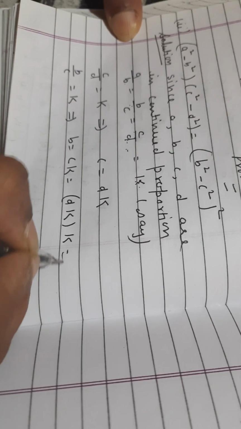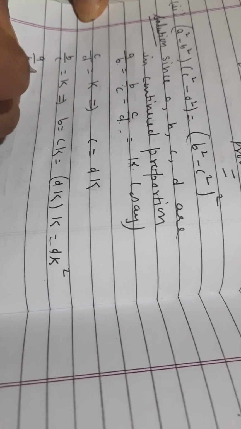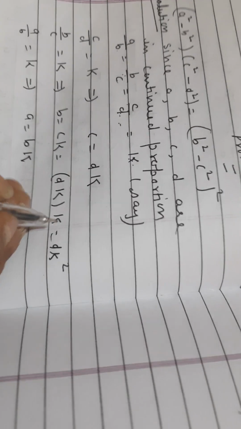c/d = k implies that c = dk, and b/c = k implies that b = ck. Putting the value of c, b = dk·k = dk². And a/b = k implies that a = bk.